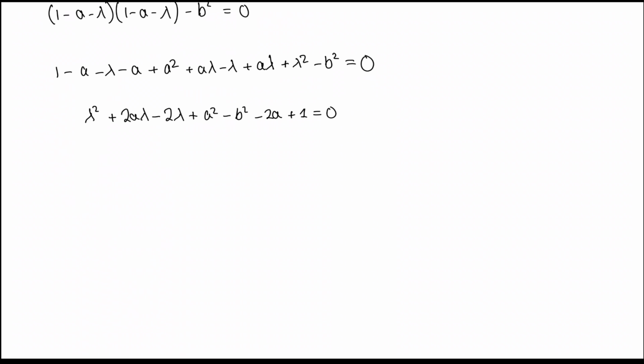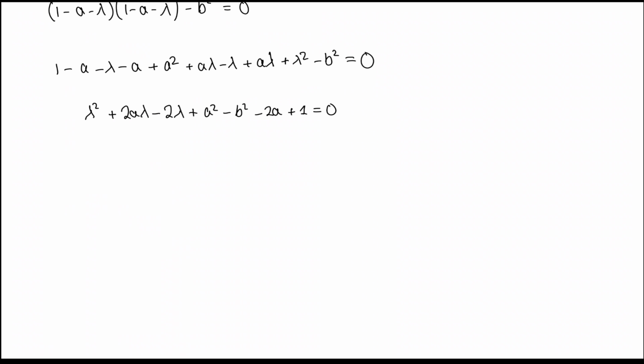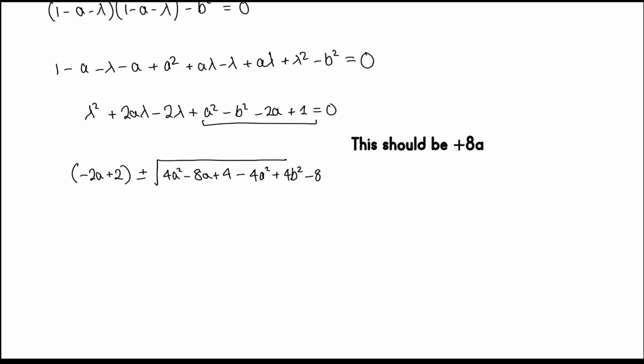So if we now use quadratic formula to work out the eigenvalues, we get minus 2a plus 2, so that's minus b, plus or minus square root b squared, which is going to be 4a squared minus 8a plus 4 minus 4 times c, where c is all of this. So minus 4a squared plus 4b squared minus 8a minus 4.